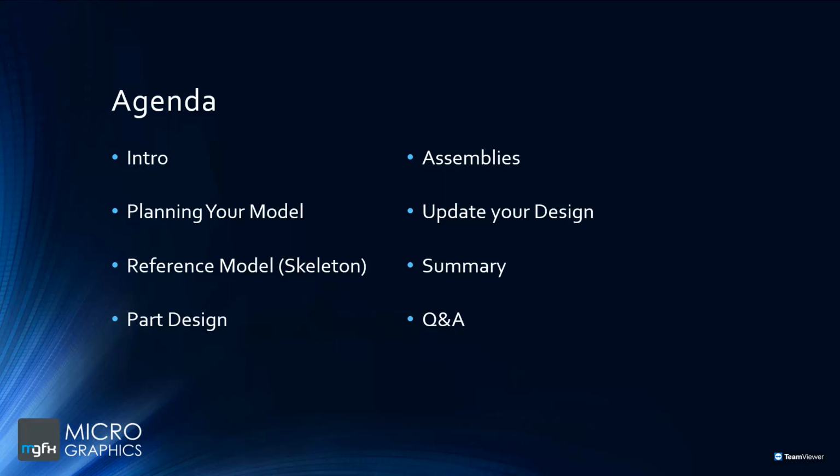Then we'll go on to how to design your reference and part models, so looking at the reference model design and also part design. And then we'll bring it all together in an assembly. We'll also then look at what happens when you update your designs, whether it's updating from the reference or changing things in the assembly, before we close off with a summary and Q&A session.